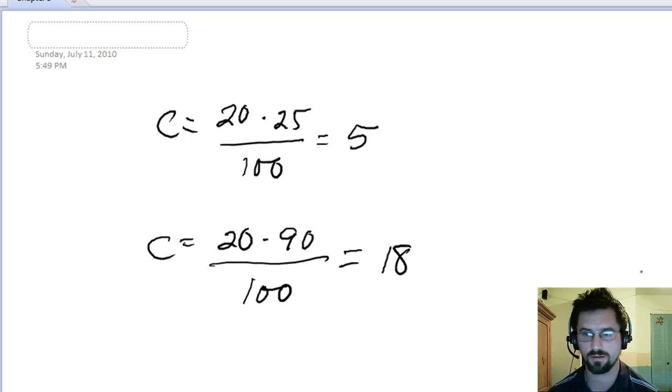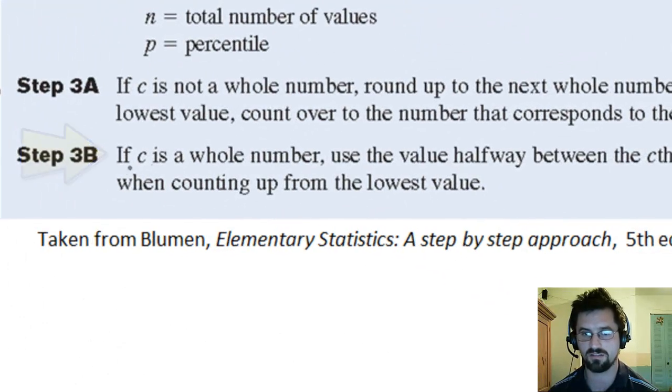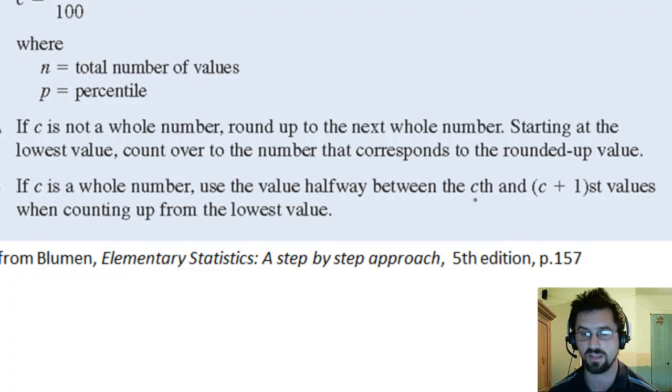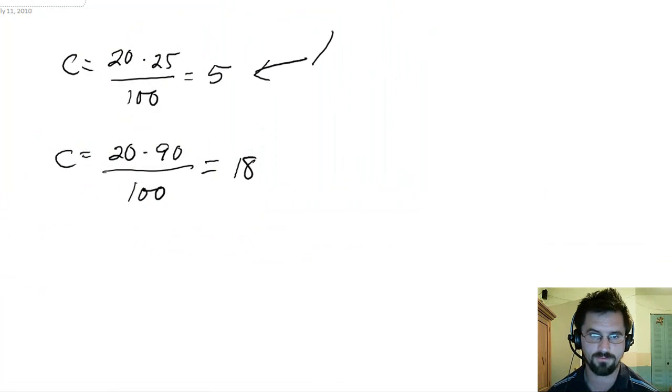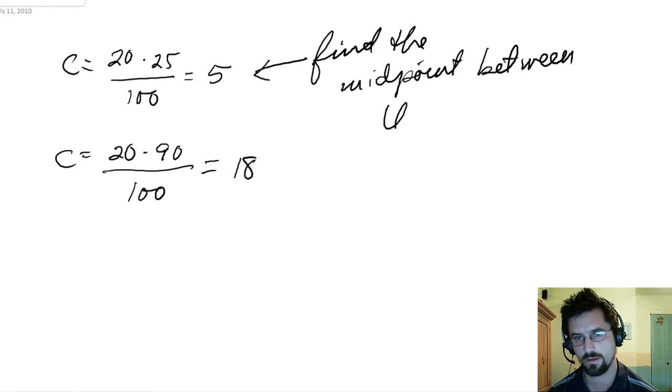But the rule says when those come out to whole numbers, we pick a value. Let me go back to the rule. If C is a whole number, use the value halfway between the Cth and C plus first values in the list. So what I'm going to do is find the midpoint between the fifth, that's the C, and the C plus 1, the fifth and sixth values.